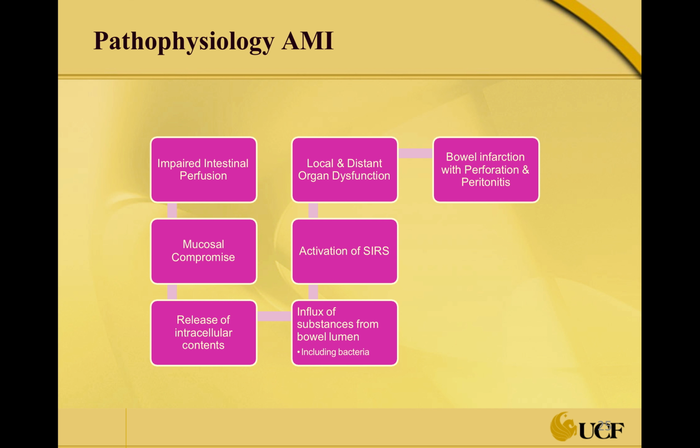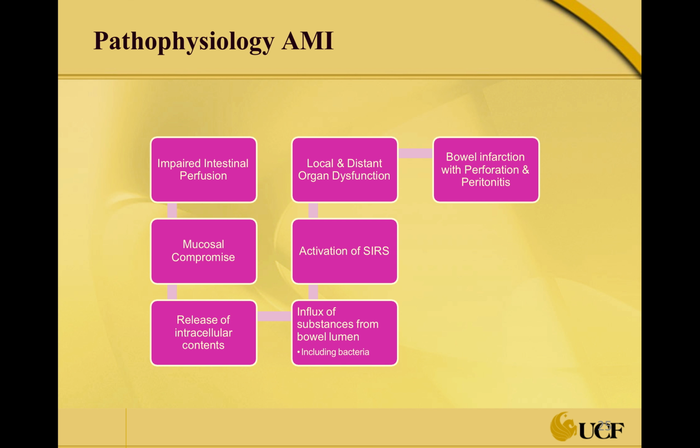So how does all this start, this pathophysiology of acute mesenteric ischemia? It usually starts with impaired intestinal perfusion, compromising the mucosa and releasing intracellular content, which in turn produces an influx of substances from the bowel lumen, including bacteria. So that's the translocation of the bacteria, activating the systemic inflammatory response.